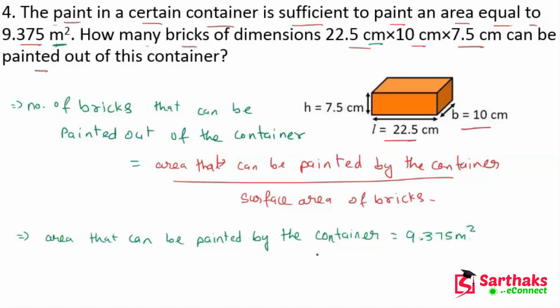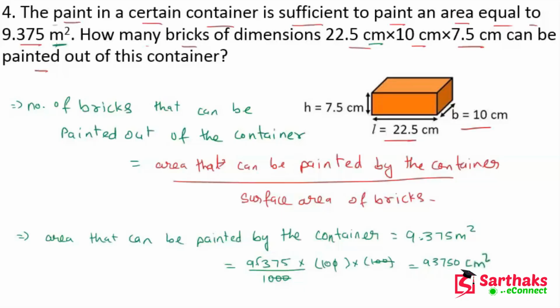If we convert it into centimeter, then it is 9.375 into 100 two times, so 100 square, which means 10 to the power 4. After solving this, if we remove the point, we get 1000, so these 3 zeros will be cancelled, and we get 93750 centimeter square. This is the area that can be painted by the container.